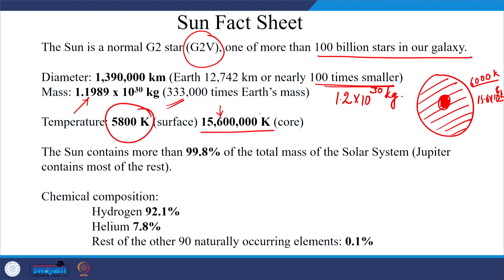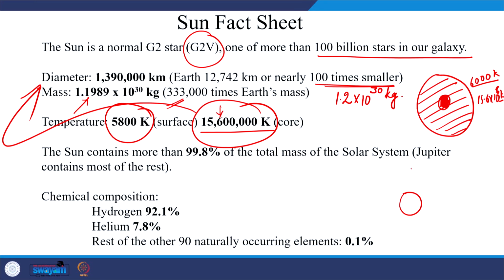So this heat source sends out energy to the outermost surface, which you call the photosphere, we will come to that, and is able to heat the outermost layer of the sun to 6000 Kelvin. So what is happening in between is going to be interesting.